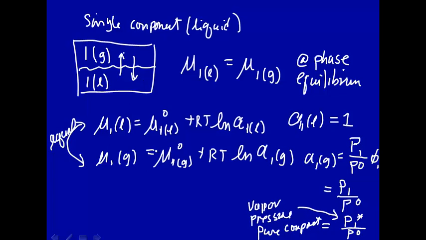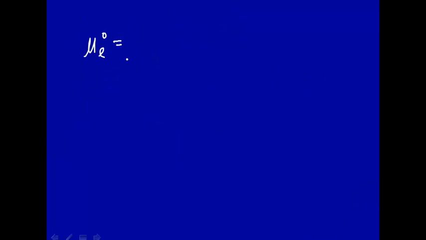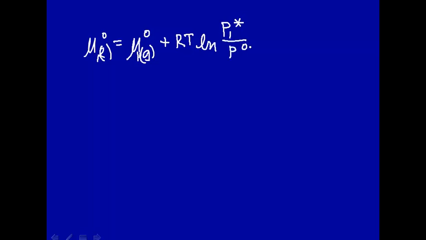And so that is equal to the chemical potential in the gas phase. So this is component 1 in the liquid phase, component 1 in the gas phase, standard state, plus RT times the natural log of the vapor pressure, the pure substance, divided by the standard state pressure.